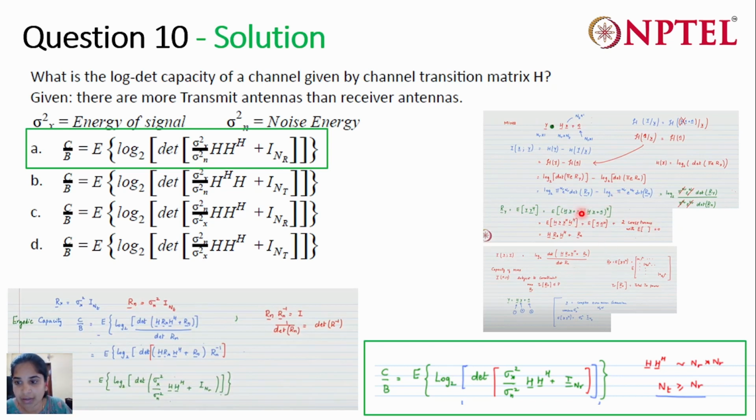Now splitting the terms, the two cross terms go to 0, and we get H into expectation of x x Hermitian, which is Rx, into H Hermitian, plus Rn. So this mutual information term boils down to a very interesting form. Log to the base 2 of determinant of Ry by determinant of Rn is what we had. So it will be determinant of H Rx H Hermitian plus Rn divided by determinant of Rn.